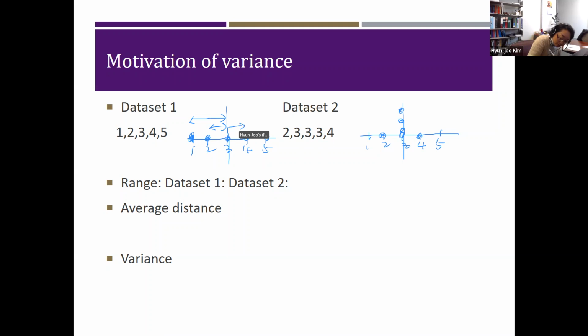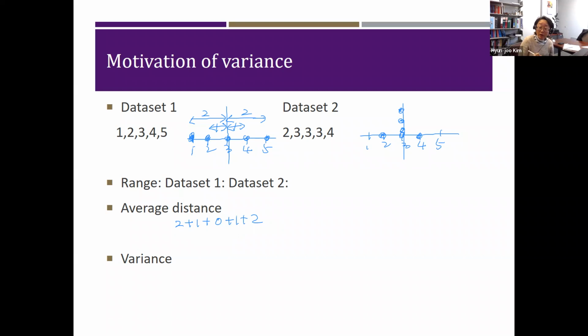This one, this much far away, this much far away, right? So for data set 1, you can say this one is 2 and 1 and 1 and 2, right? So you can say this one is 2 plus 1 plus, and the 3 is exactly in the center. So this much distance is what you can get from data set 1.